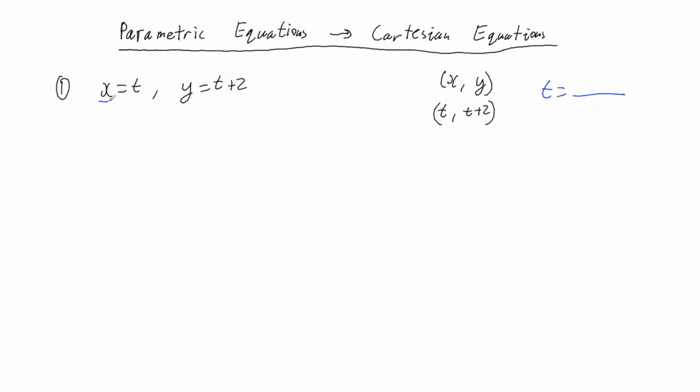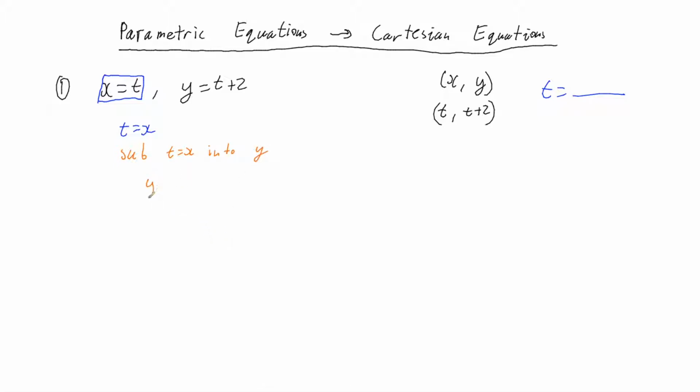In this case, if I pick my x equation, it's already in that form. I already have that t equals x, because we're originally told that x equals t. So now I have an expression for t, and I'm going to substitute that t equals x into my y equation.